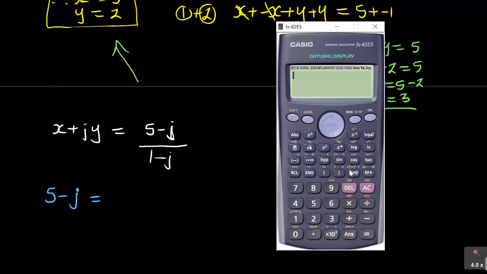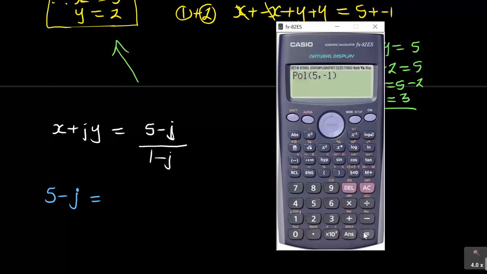What I do is shift. Remember, I'm converting to polar, so I've got 5, and then shift comma, and then j there is minus 1, remember, so it's negative 1.